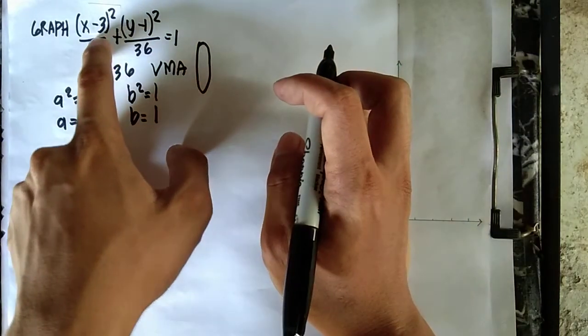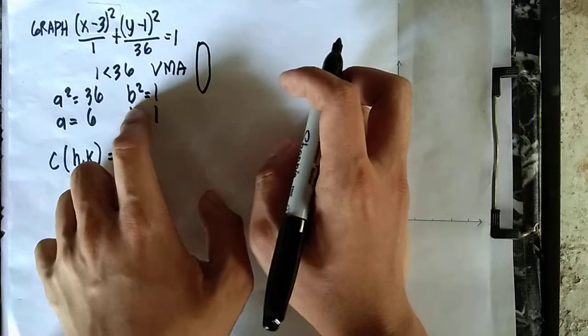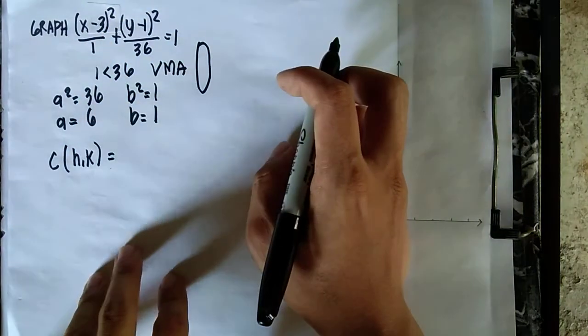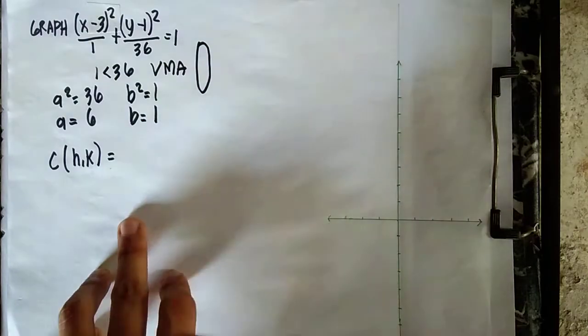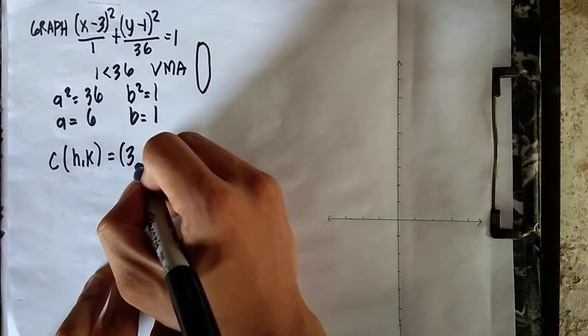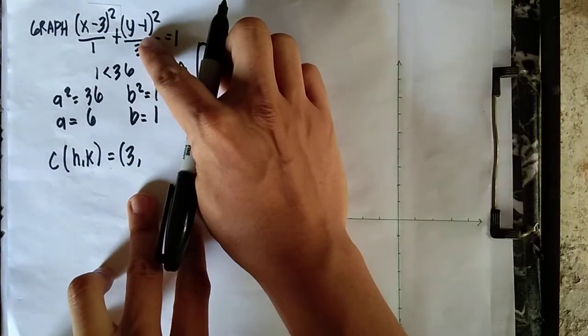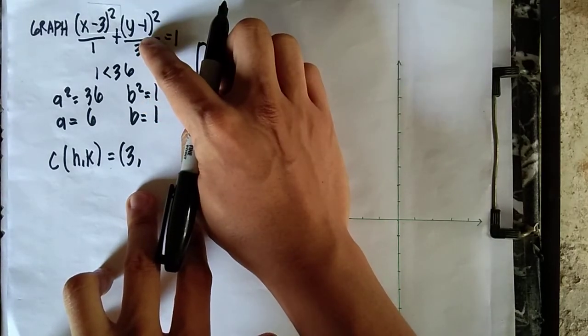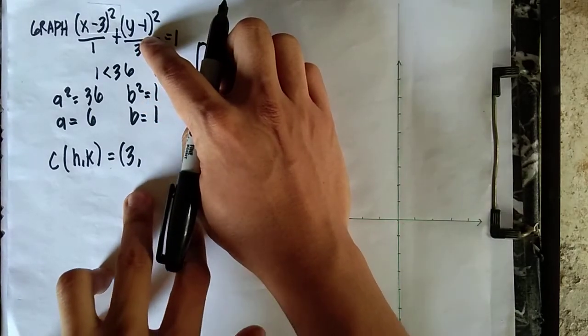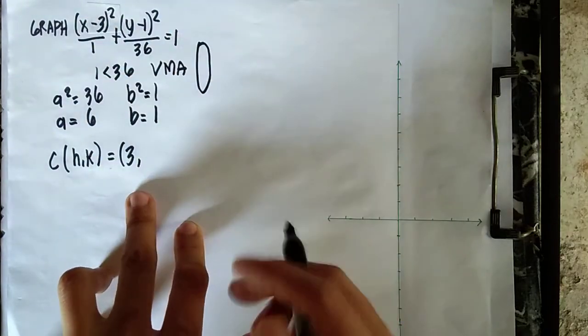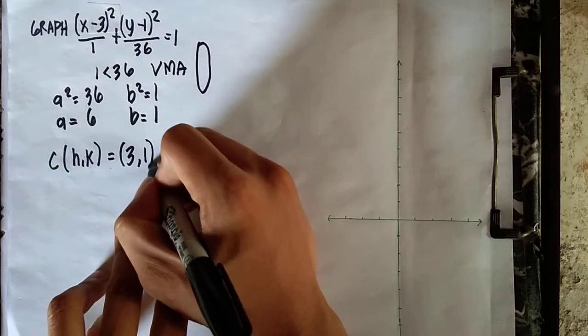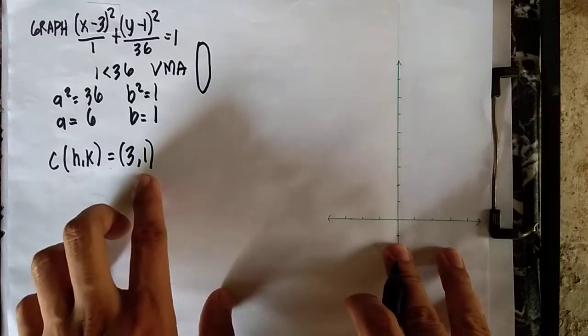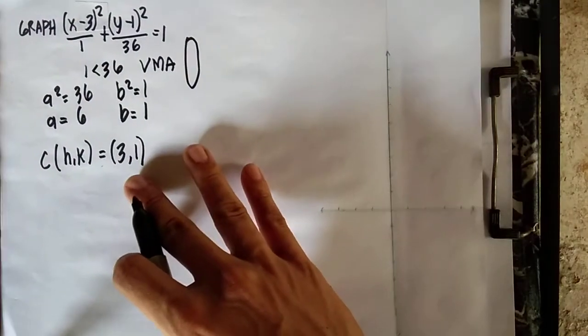Since yung ating h is at negative 3, we will have, yung inverse noon, we have 3. And then, we have y minus k and y minus 1. So, since siya ay naka-negative, atin siyang i-inverse, we will have 1. So, yung center natin is at 3 and 1.